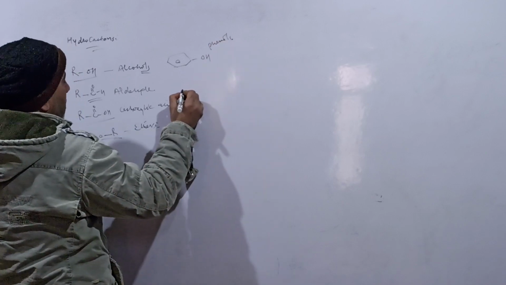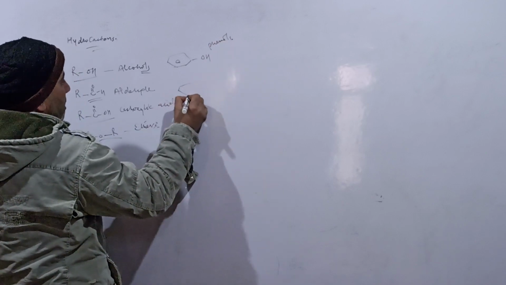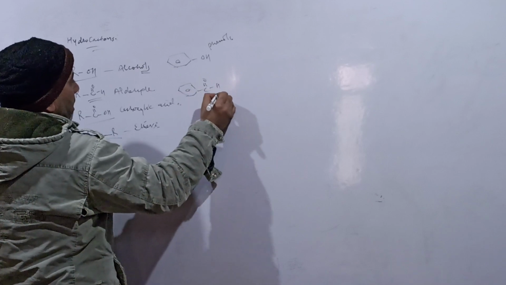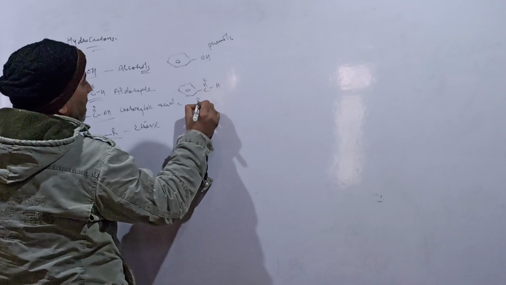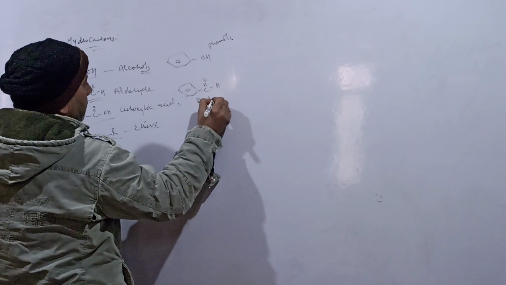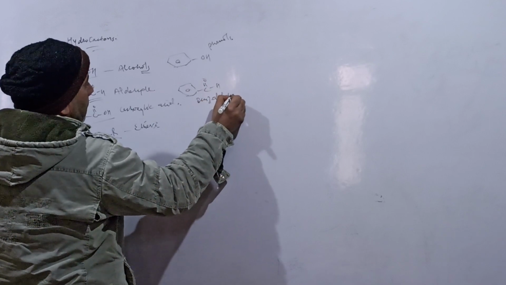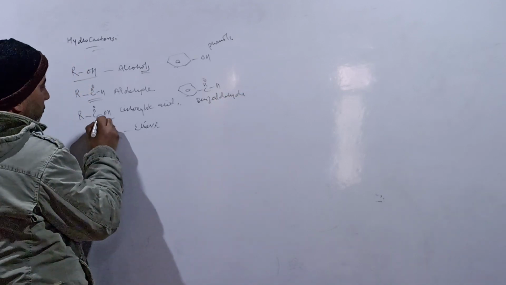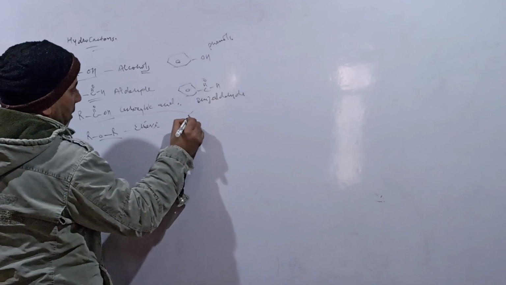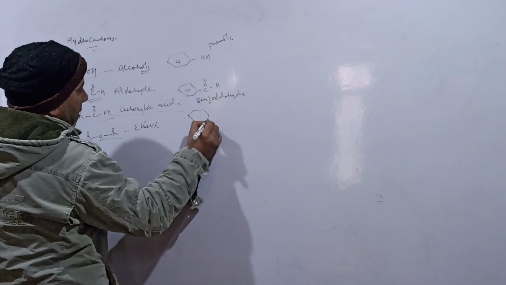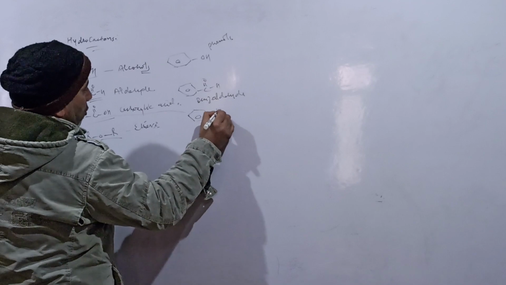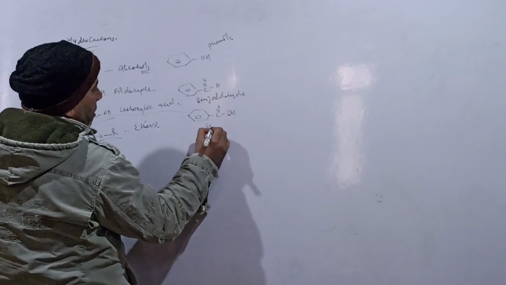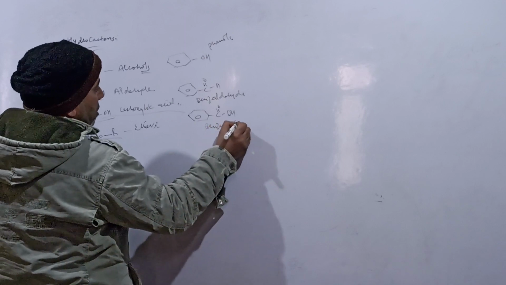In a similar manner, if we add a benzene ring with C double bond O single bond H, this will become benzaldehyde. For the carboxylic acid, when we add a benzene ring with C double bond O single bond OH, this will become benzene carboxylic acid.